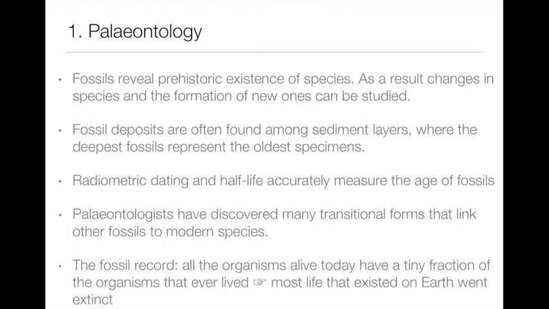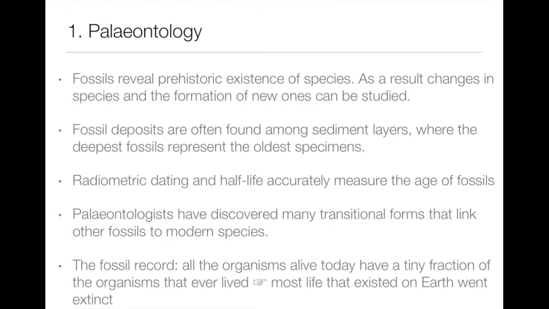Archaeopteryx is a fossil that links reptiles and birds. The fossil record also indicates that all the organisms alive today are only a tiny fraction of the organisms that ever lived. In other words, most life that existed on Earth went extinct.